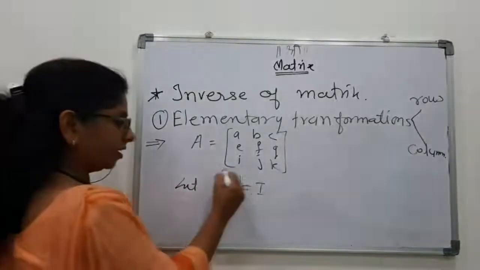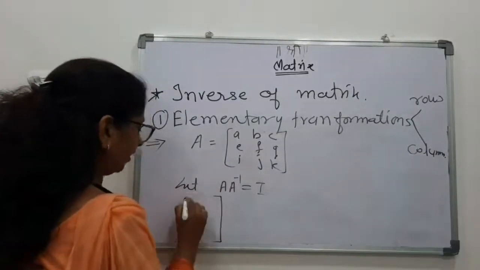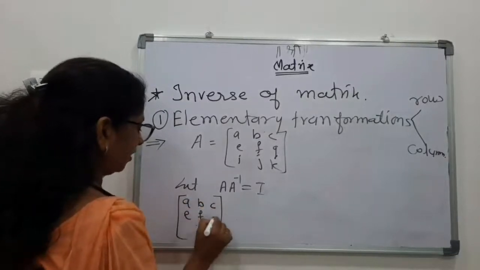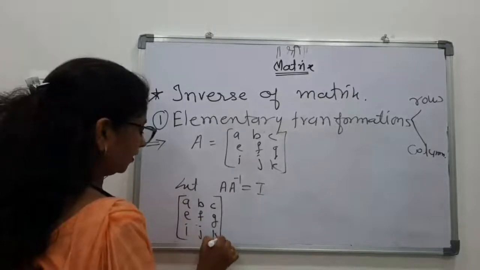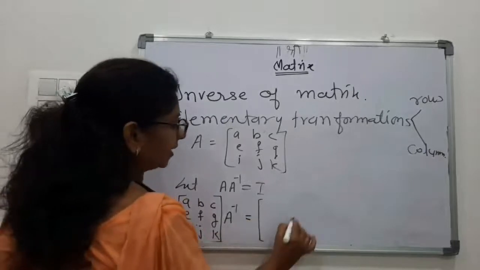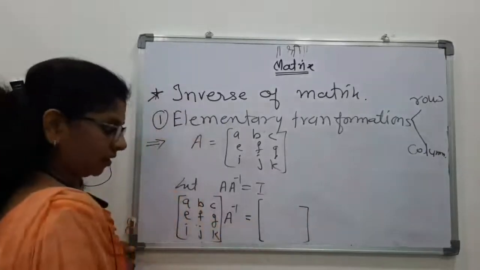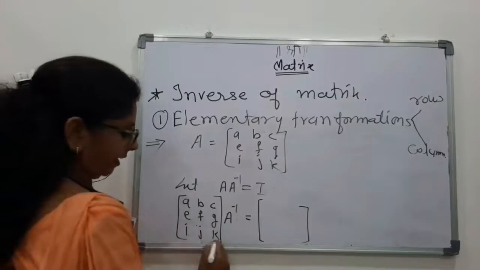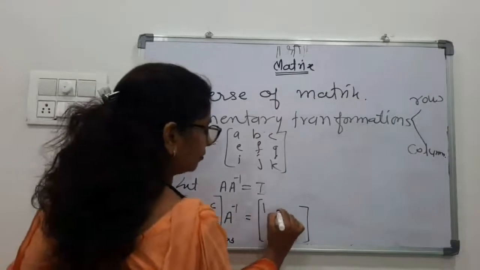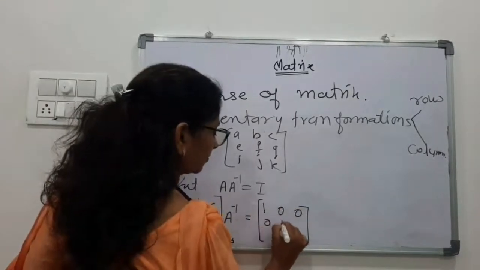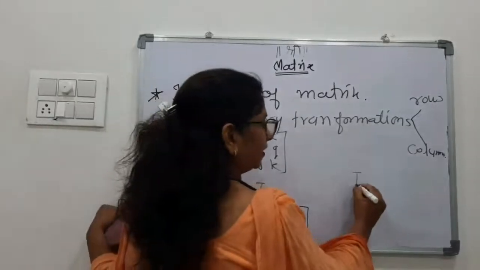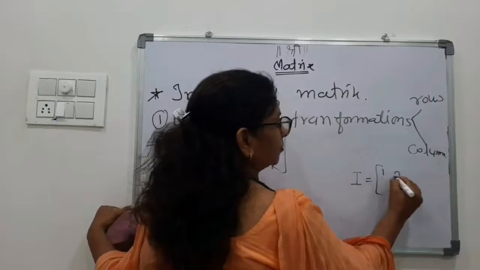Now in this equation we will put the values of A and I. So A equals [a b c; e f g; i j k]. A inverse we have to find, so write down I, the identity matrix of order. What is the order of A? 3 by 3. So we will take here also identity of order 3 by 3. If A is of 2 by 2, then we will take the identity of order 2 by 2.